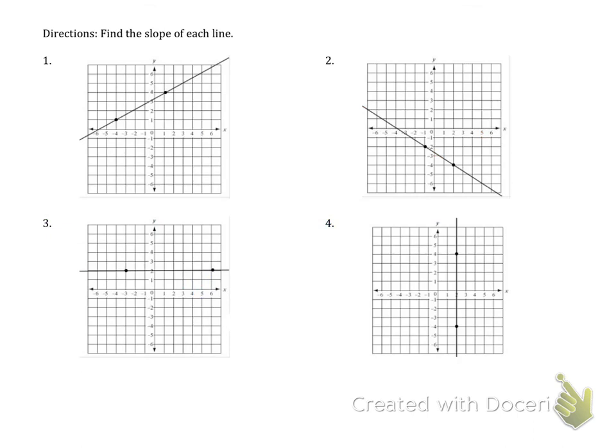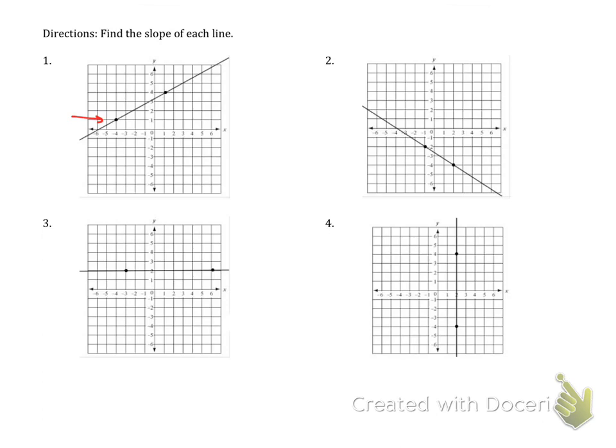Let's try some example problems. When you do these problems, you always want to think of reading from a book, so always start with the point on the left and then move to the right. This point right here is the furthest to the left. For slope, we first want to see how far it went up, or what's the vertical change.